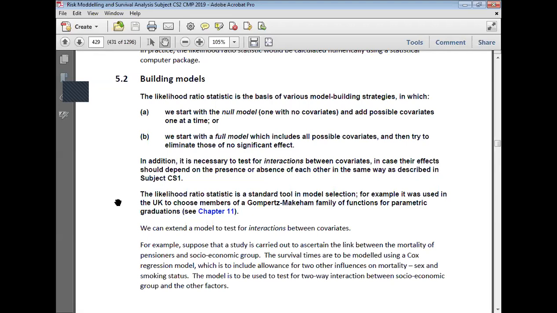So that is another way you can build a particular model. One is you start off with nothing and you go on to add more and more. The other is you start off with a full plate and you remove the ones that you don't think are necessary. These are just two different ways in which you can build a particular model.